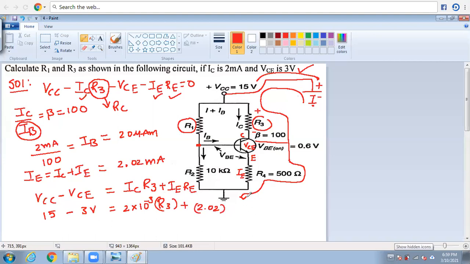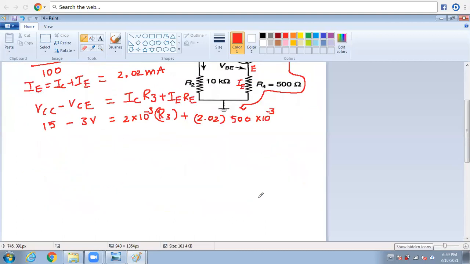RE is 500 ohms. Doing the mathematical calculation, we can directly find R3: 15 minus 3 is 12, and we get R3 equal to 5.495 kilo ohms. This is the R3 value.